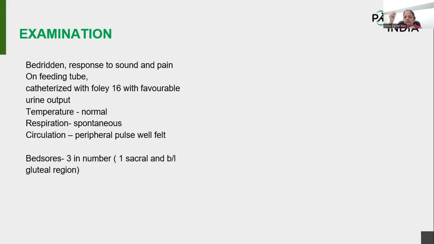Okay? Because otherwise you will have problem while turning the patient also. Right? While turning, and while doing bedding or like that, the caretaker should see to it that the catheter doesn't get pulled off. So these things are very much essential.